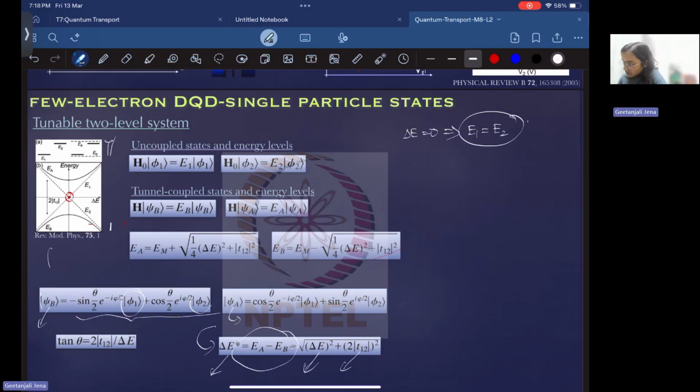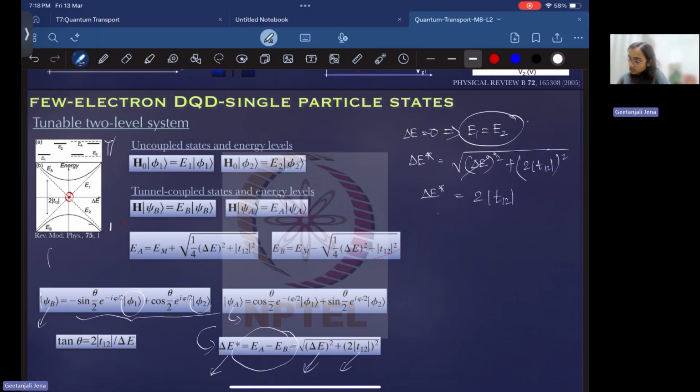And from the relation of delta E star, which is given by the square root of delta E square plus 2 T12 square, when delta is 0, delta E star is given by 2 times the tunneling matrix element.